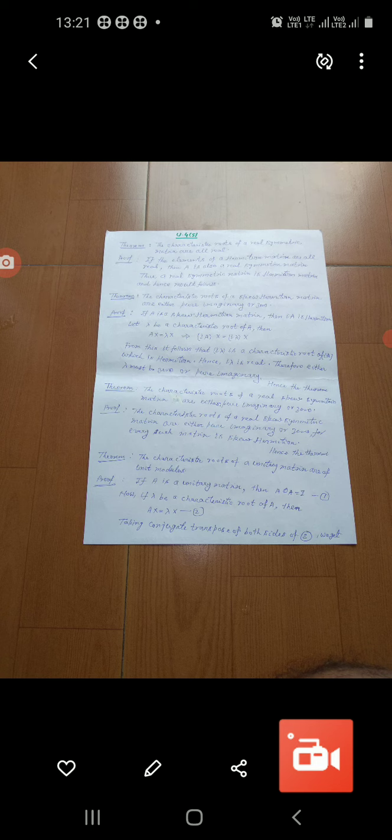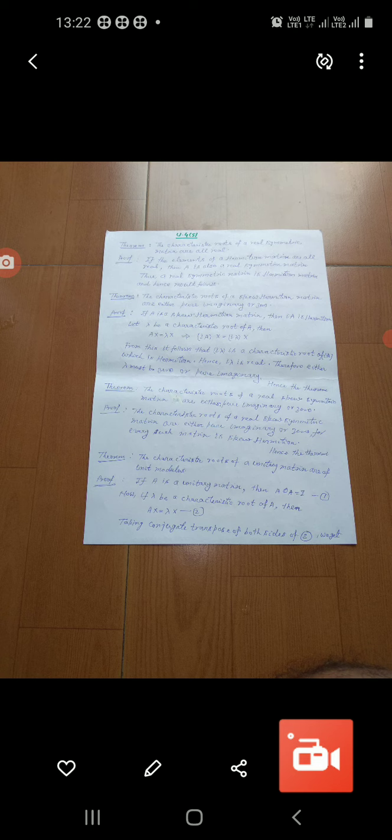Hence the result follows, and hence the theorem. So give the proof of the previous theorem, and then add these lines, and you will get the proof of the theorem.